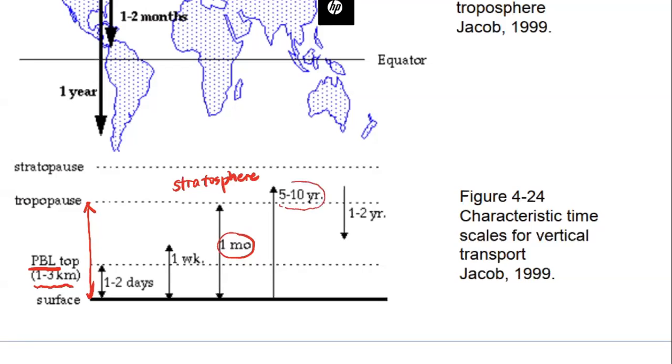We mentioned that the ozone is located in the stratosphere, right? So if we talk about the CFC being emitted on the ground, it's going to take 5 to 10 years for the CFC to go up to the stratosphere. And things that are transported down also take a relatively long time, around 1 to 2 years, okay?